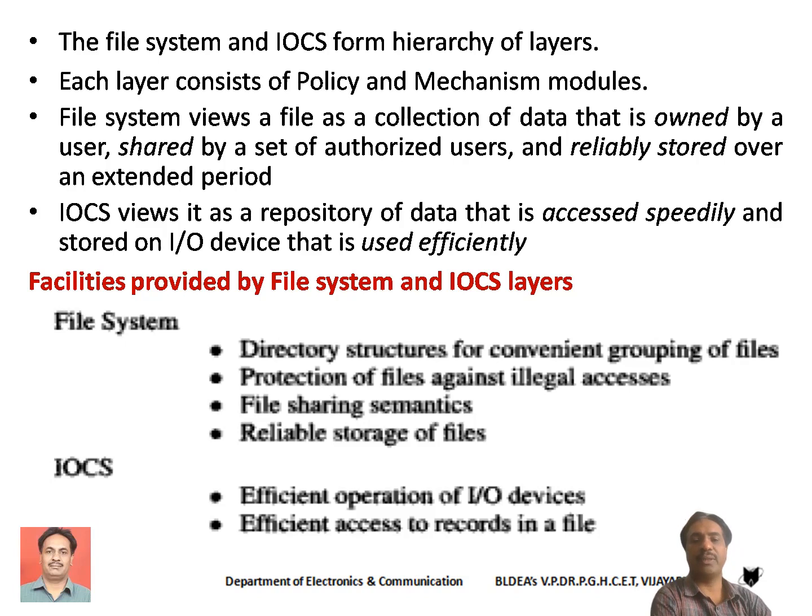Here we have listed some of the facilities provided by the file system and IOCS layers. The file system provides directory structures for convenient grouping of files. It allows creating directories for the users, by which they can conveniently group their files.